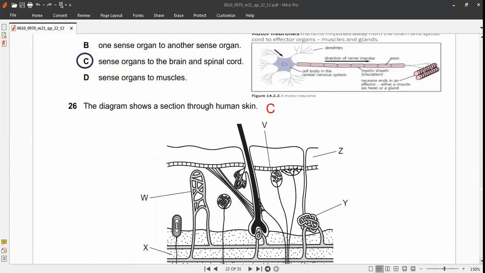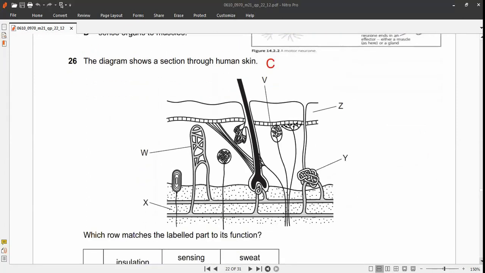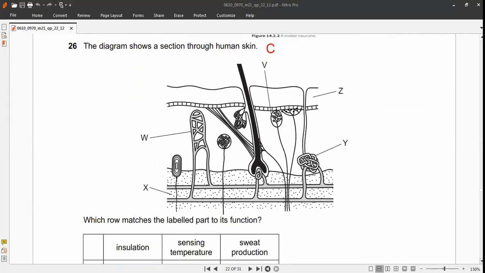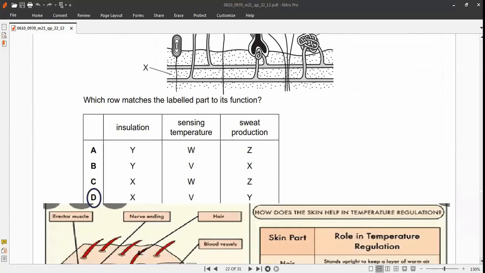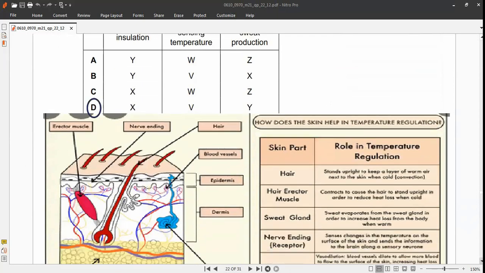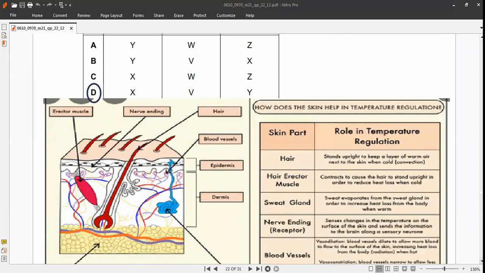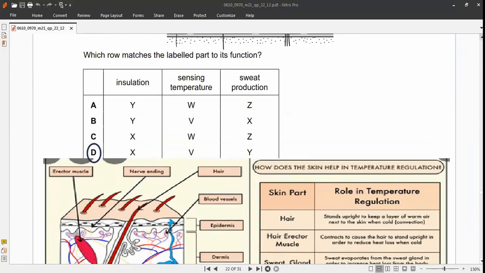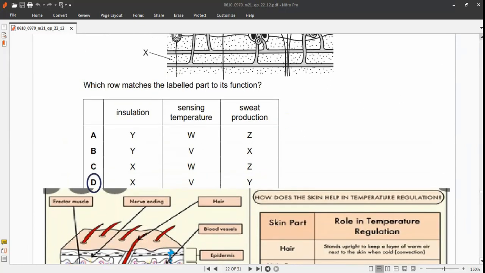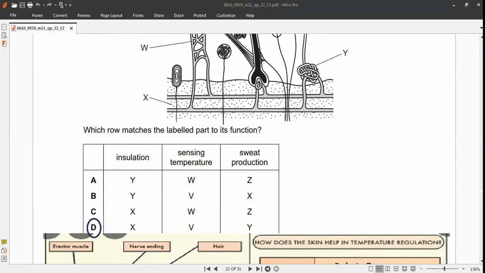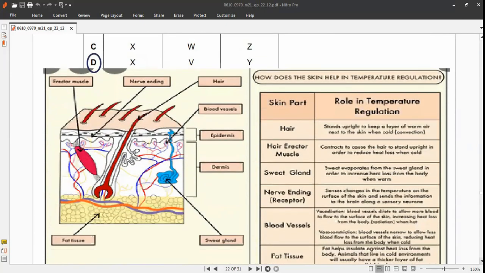The diagram shows a section through human skin. Which row matches the labeled part to its function? Let's see this picture. For insulation, X is a fat tissue.